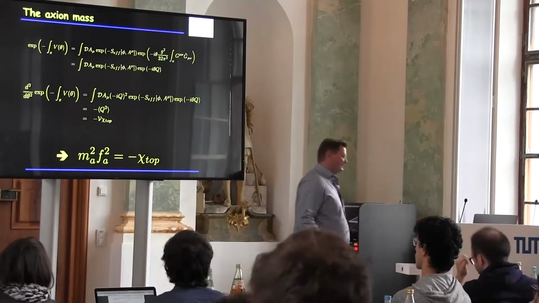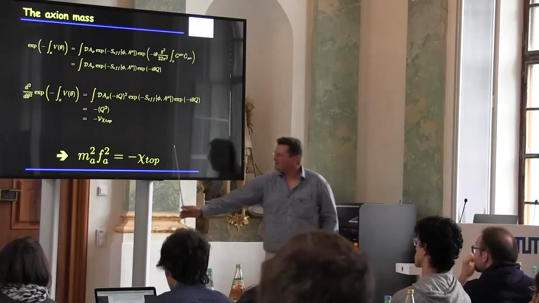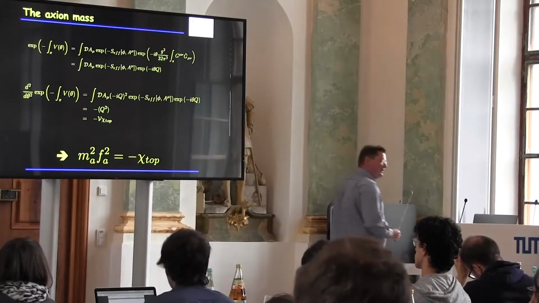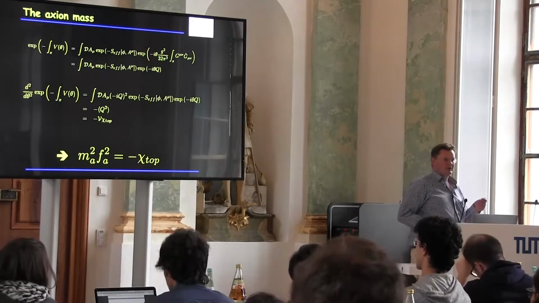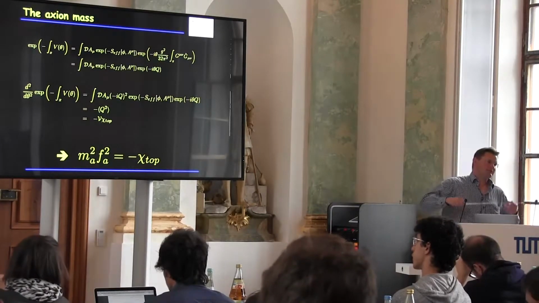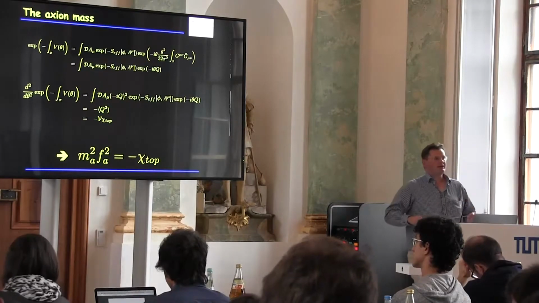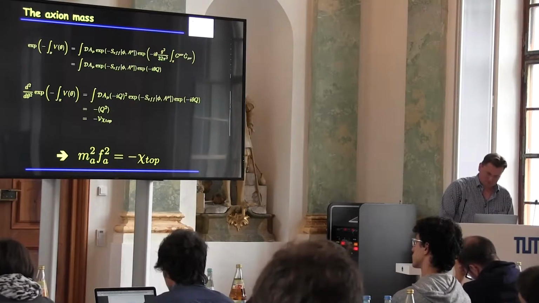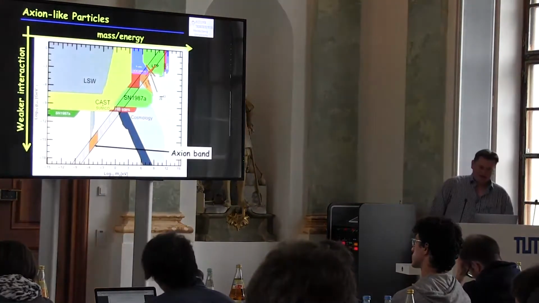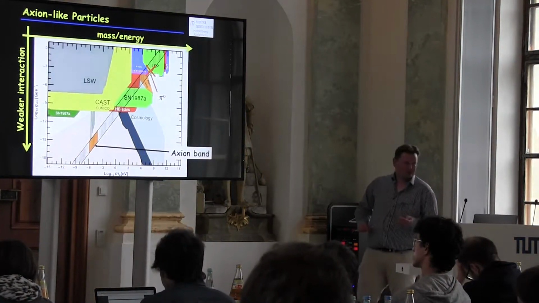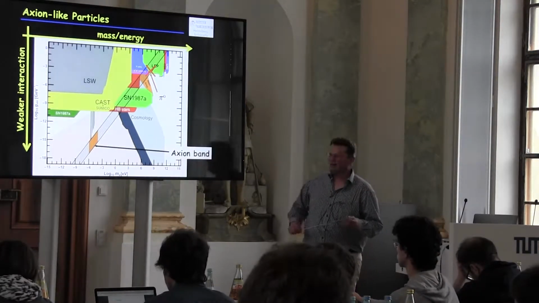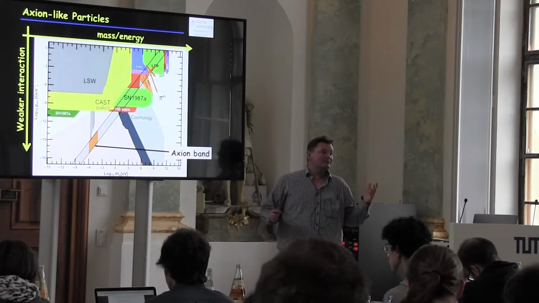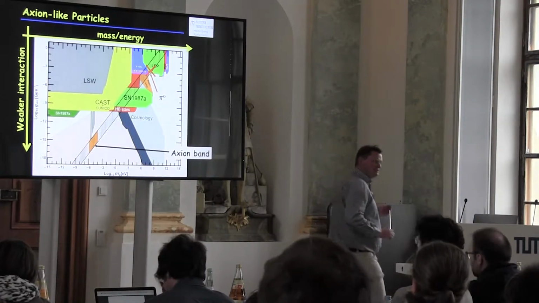Okay, so without the minus sign, the axion mass is essentially given by the topological susceptibility, and that is something, for example, you can calculate directly in lattice QCD.